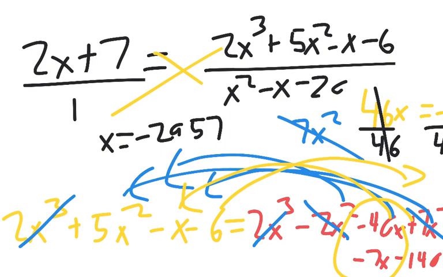Negative 140. Yep, that's where I messed up. 100%. This should not be negative 136. It should be negative 134. Because negative 140, that'd be 140 minus 6. It should be 134, not 136. That'll be your number. Little algebra error.